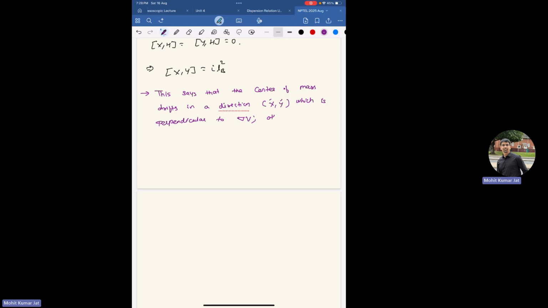In other words, the motion is along equipotential.